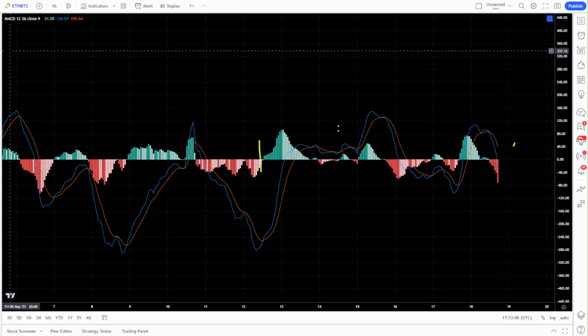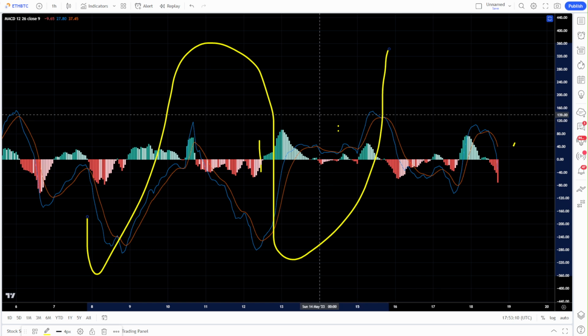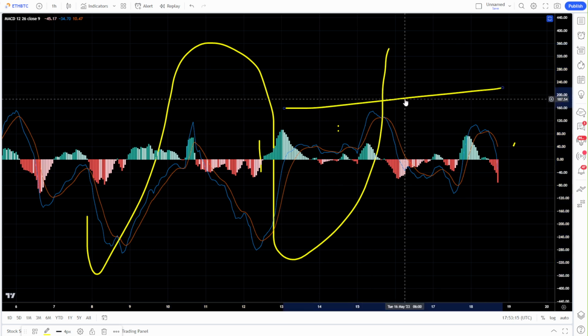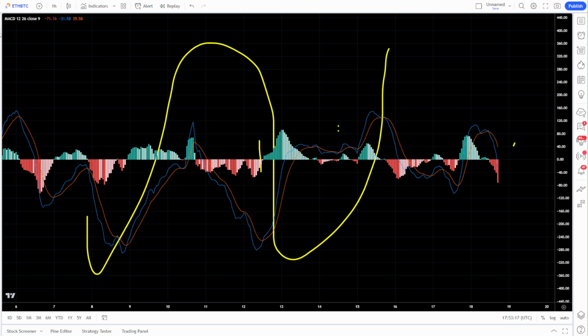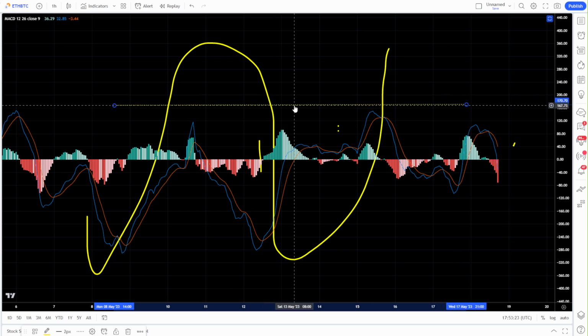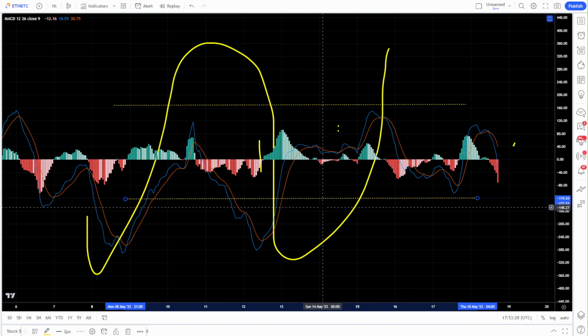This MACD can go all over the place. But the RSI will have a specific, okay, here is overbought and here is oversold. So once it's hitting those levels, it's pretty much at its max.